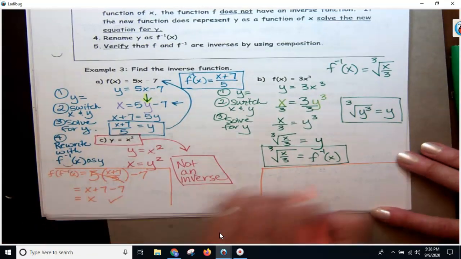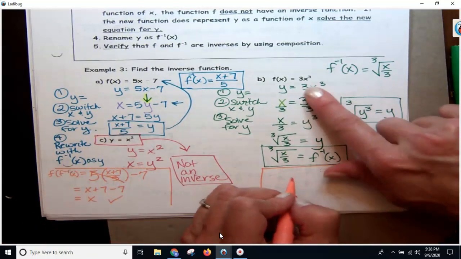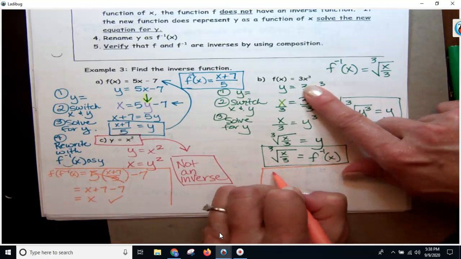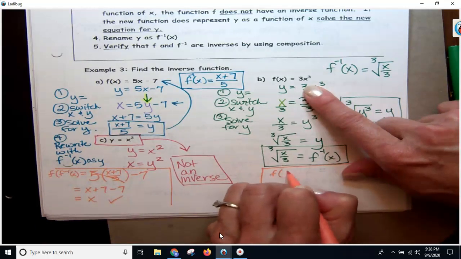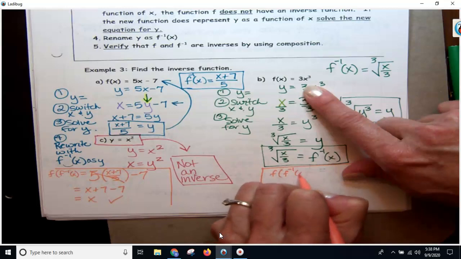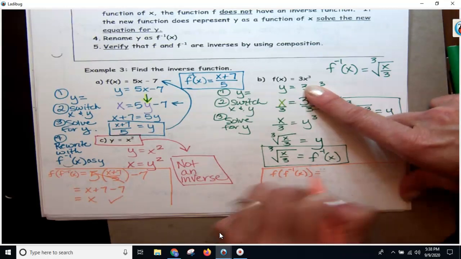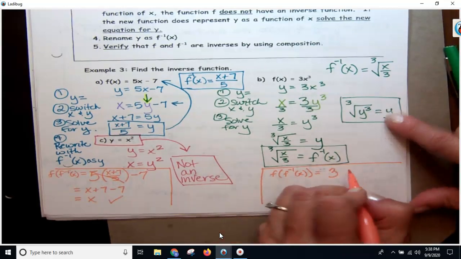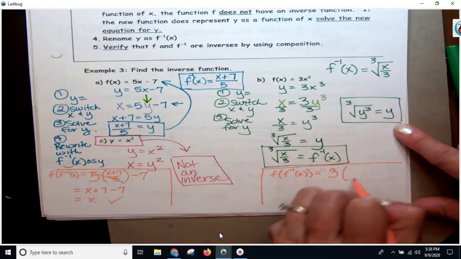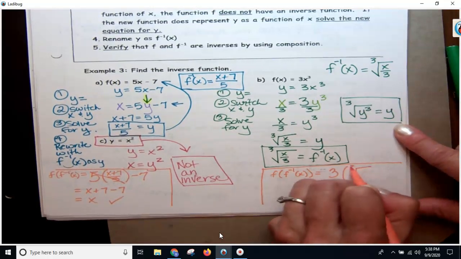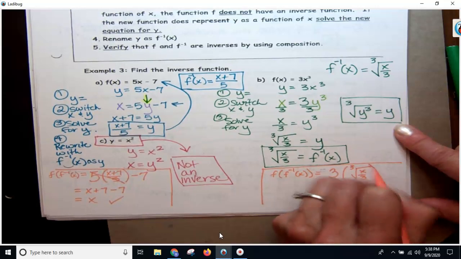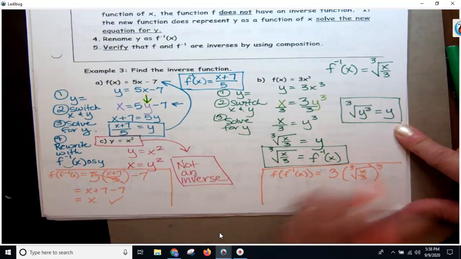How can I verify? Well, I'm going to take my f of x and plug my inverse in. And I would get 3. And then instead of my x, I'm going to plug in the cube root of x divided by 3 and cube that.